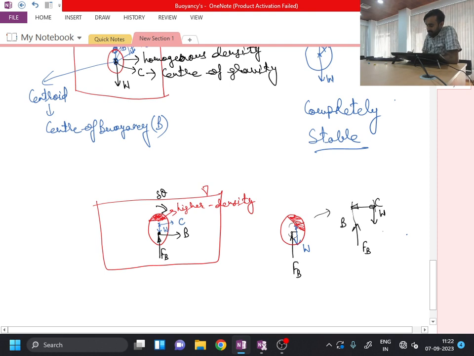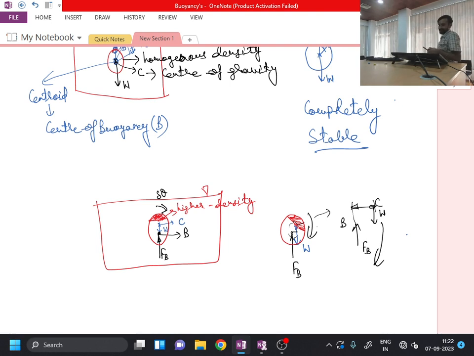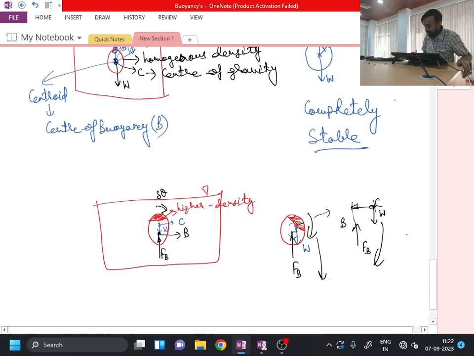Because of this, there will be a torque acting on the body, and this torque will try to displace this heavier portion in the downward direction. This torque is called the overturning moment. This moment is now trying to displace the body down.